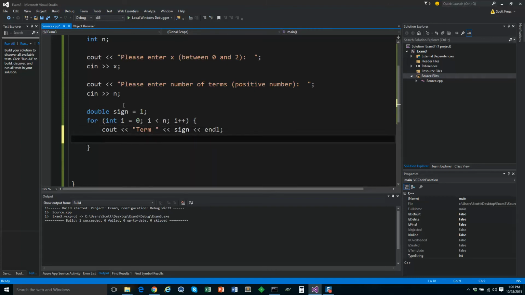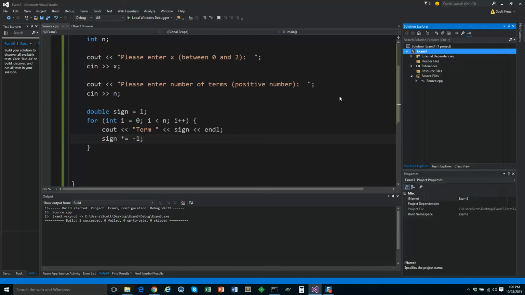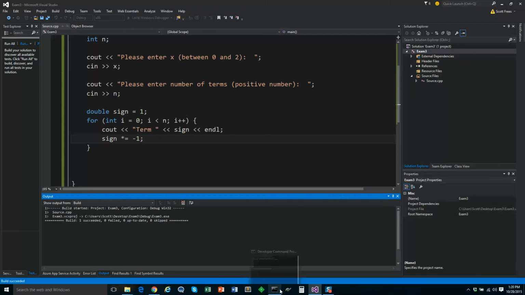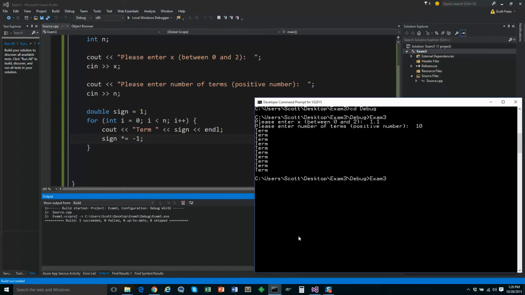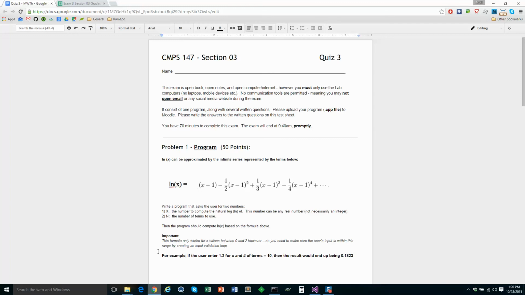And each time around the loop, I want to flip the sign so I can multiply it by -1. Right? So I see signs starting positive, negative, positive, negative. So just one small little step, and I've got those signs coming out. So positive, negative, positive, negative.